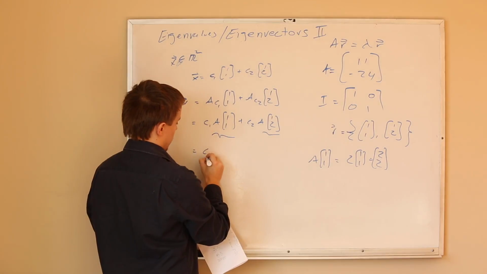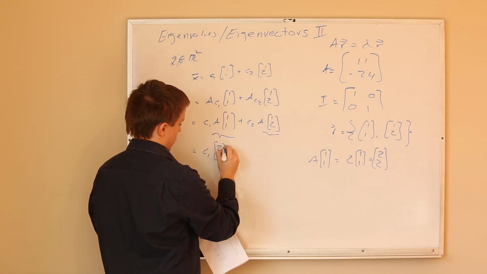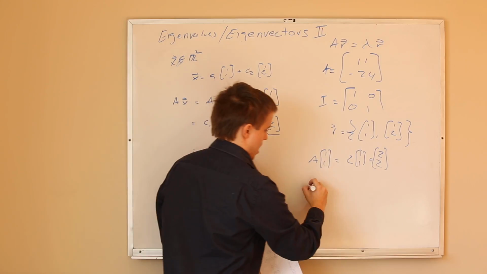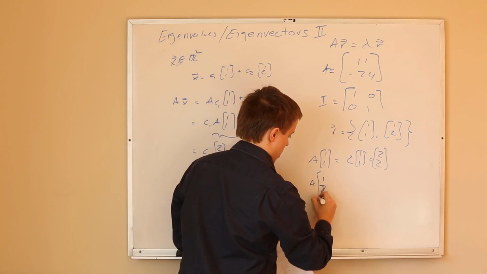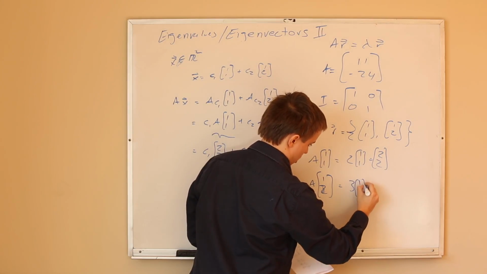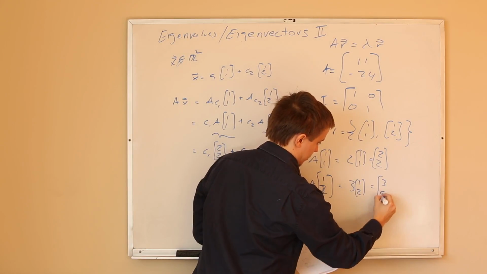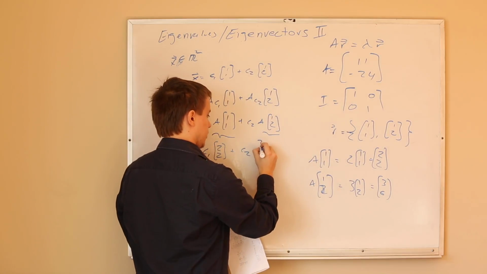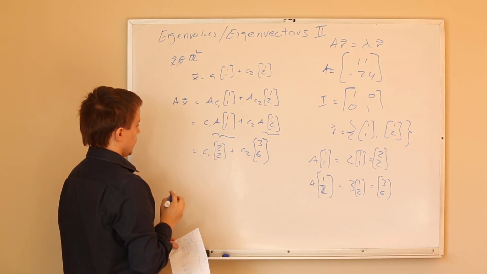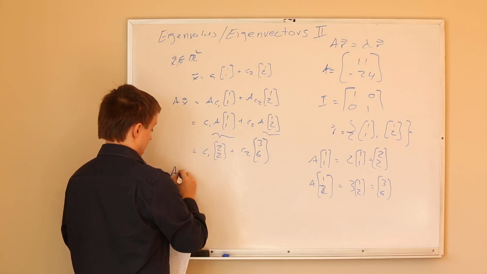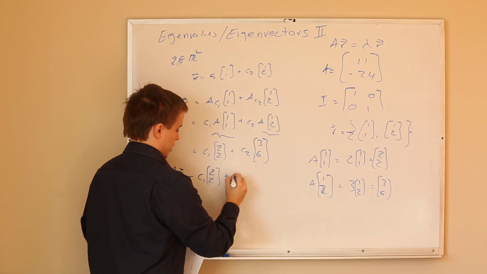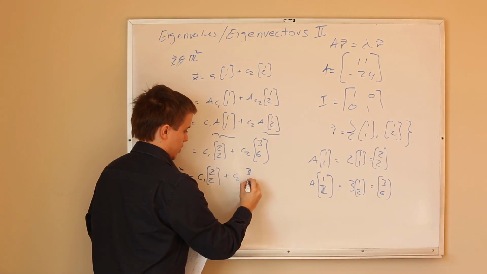So this is c1 [2, 2], plus c2 times A[1, 2], which is equal to 3[1, 2], which is equal to [3, 6]. So now we know that Ax is equal to c1 [2, 2] plus c2 [3, 6].